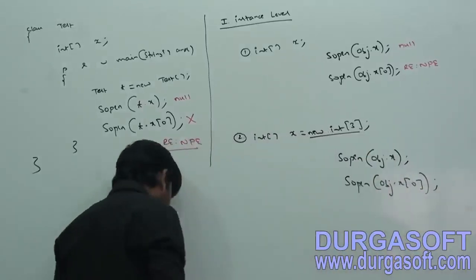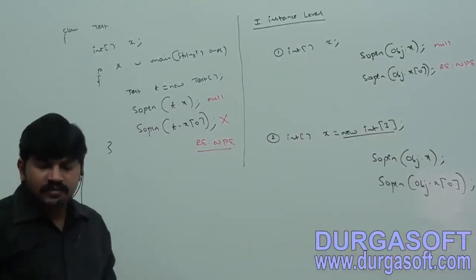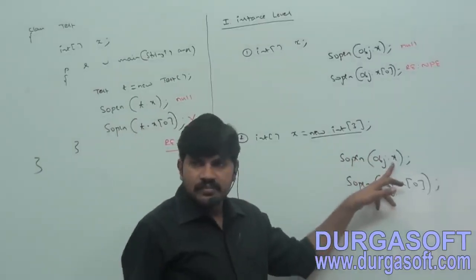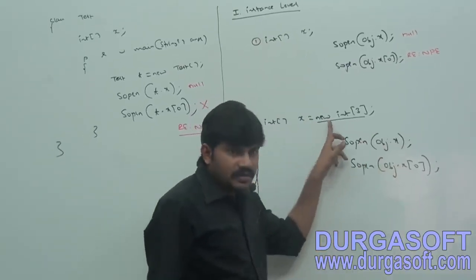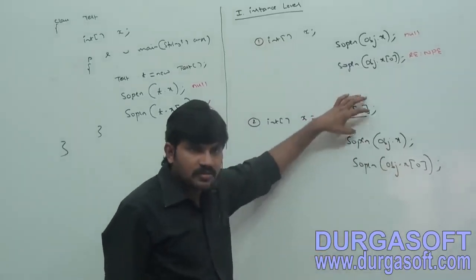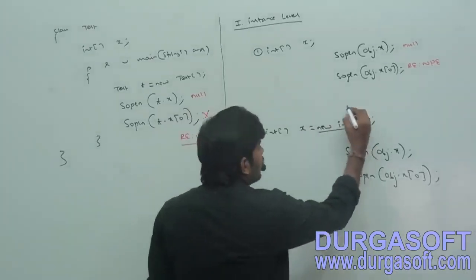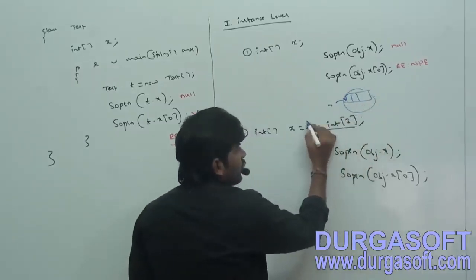Can you tell what the answer is now? Because x is already initialized, it is an object. So x is pointing to an array object. Correct or not? x is pointing to an array object.